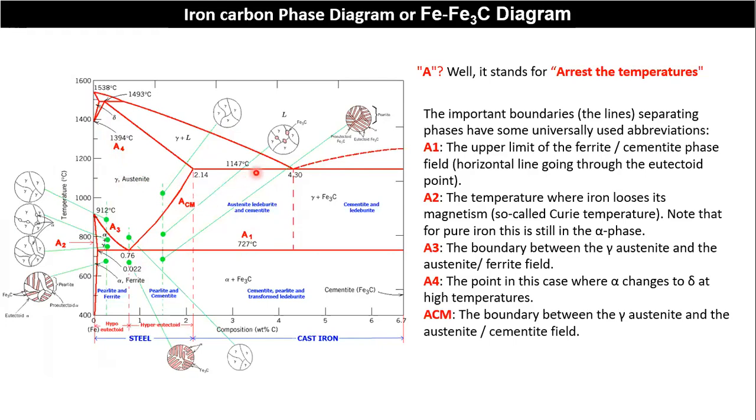One more important thing: what type of invariant reactions occur in the iron carbon diagram? Initially, at 1492 to 1493 degrees centigrade, textbook to textbook there is some variation, 1492 degrees centigrade, first a peritectic reaction occurs. Second, a eutectic reaction is formed at 1130 degrees centigrade or 1147 degrees centigrade.